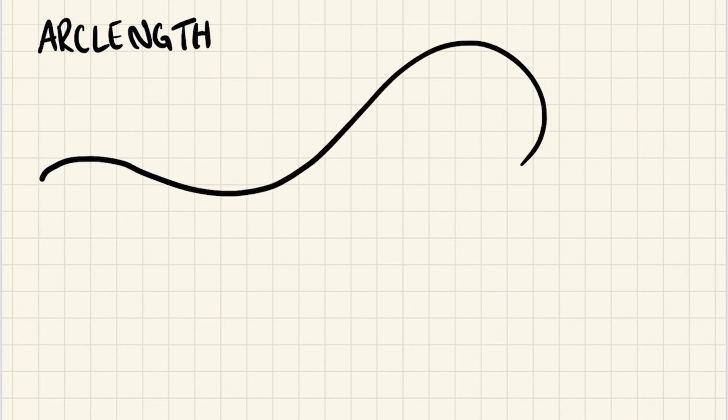Let's imagine we have a curve and it's just minding its own curvely business. And we are interested in finding an arc length. So let's just approximate it by adding up the straight lines between 2 points on the curve. Now, we're imagining that these points are very, very close to each other, infinitesimally close. So we're going to call this horizontal distance dx and this vertical distance dy.